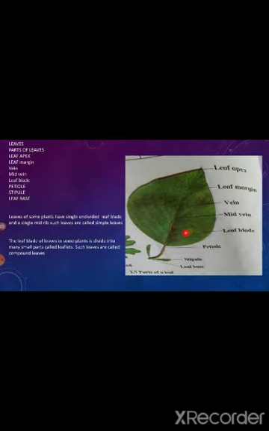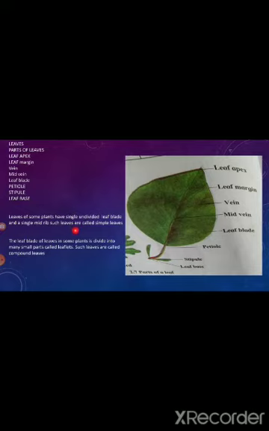This plain part of a leaf is called leaf blade. Here is petiole. Here is stipule. After some days the new leaves will form here and here. And here is a leaf base. This leaf base is attached to the plant or a tree.